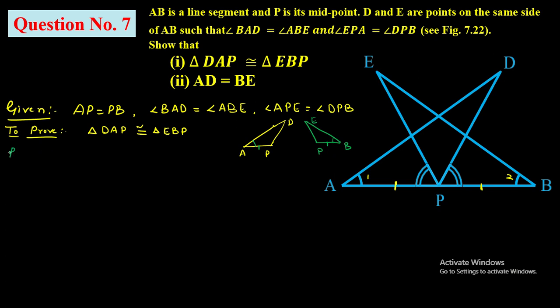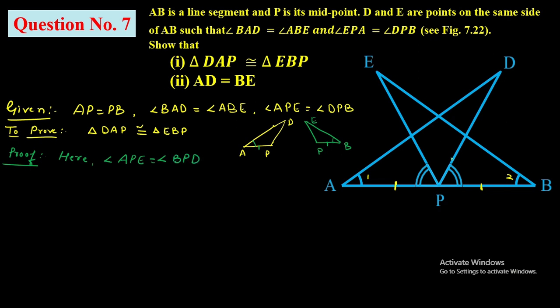So first we will try to prove that the two triangles are congruent. So for that it is given that angle APE is equal to angle BPD.